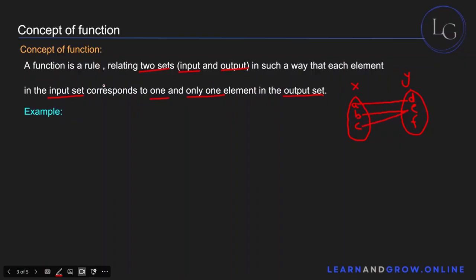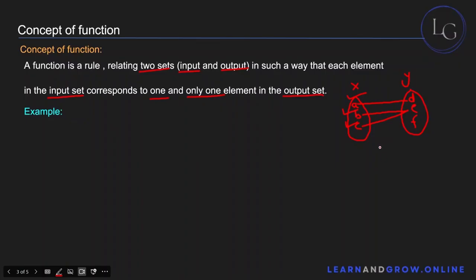So the rule states that each element in the input set corresponds to one and only one element in the output set. As you can see, A corresponds to D, B corresponds to E, and C corresponds to E as well. So each element in the input set corresponds to one and only one output in the output set.